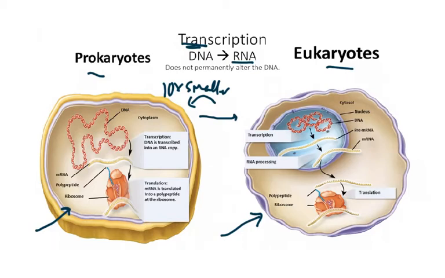The only thing that can come out of the nucleus is a piece of RNA. So this is why we need transcription. Transcription is this process of making a piece of RNA. The RNA is going to be a more mobile unit that can actually leave the nucleus. The RNA also is not going to be the entire DNA, just like with the prokaryotes.